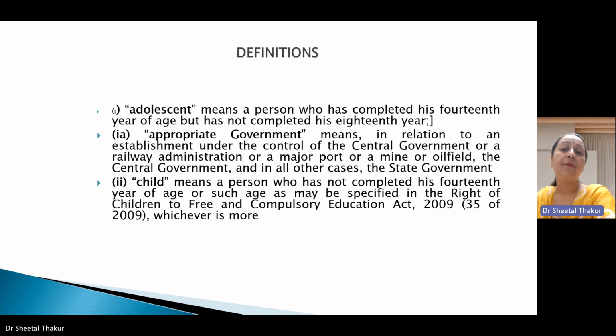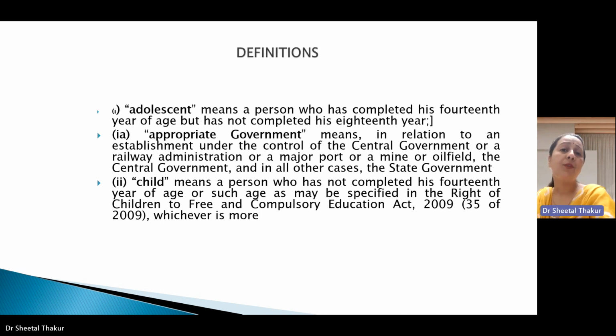After that, they have also defined the meaning of child under the provisions of this act. According to this act, a child means a person who has not completed the age of 14 years.